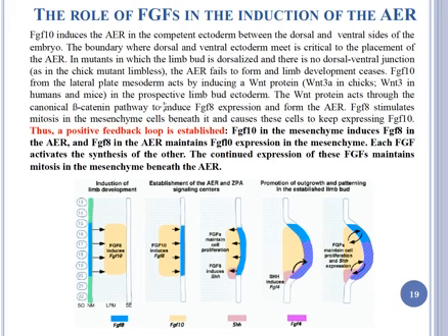So FGF10 is present between the dorsal and the ventral side of the embryo, dorsal and ventral ectoderm, and the boundary when dorsal and ventral ectoderm meet up will form AER, as I explained in the figure before.